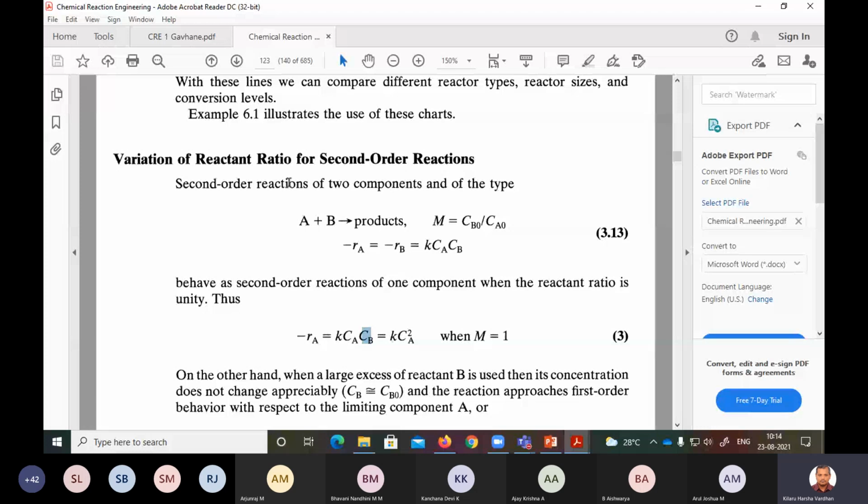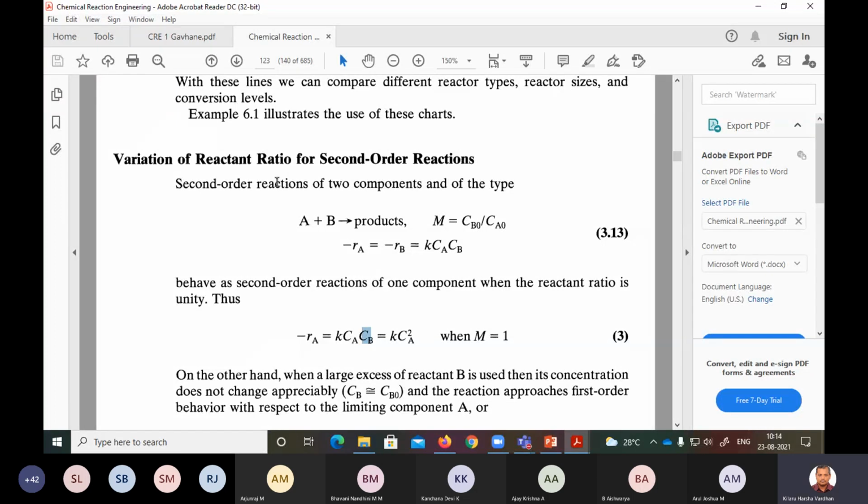Don't get confused between multiple reactors and reactions. Multiple reactions are like series and parallel reactions, like A gives R gives S, or A is giving R and A is giving S. That kind of thing you can compare, or you can have 2 or 3 reactors in series, or 2 or 3 reactors in parallel.